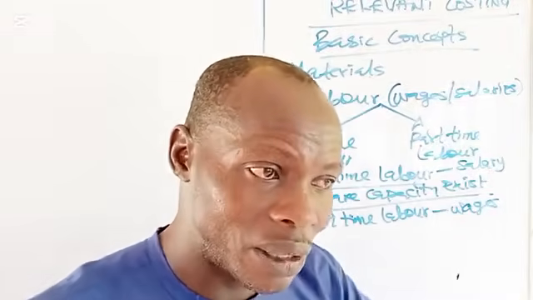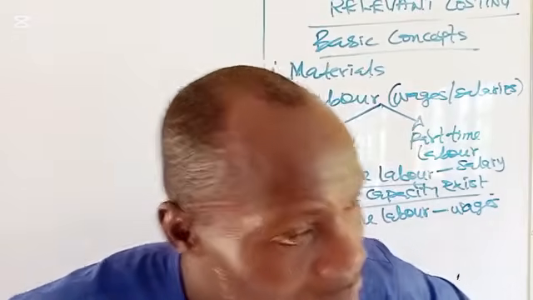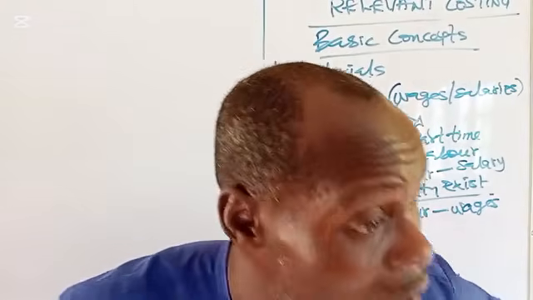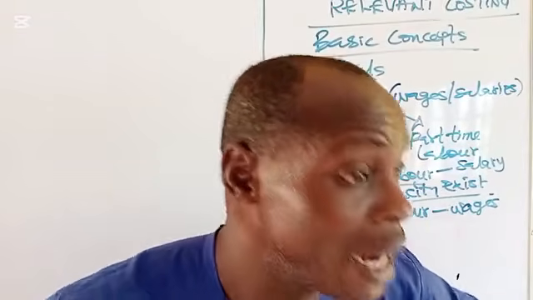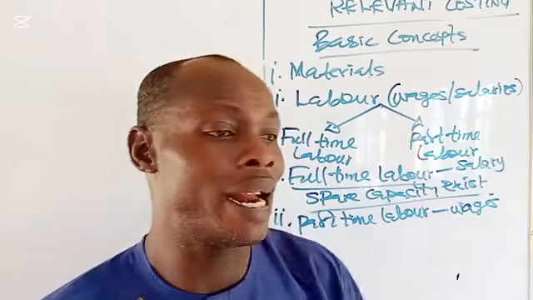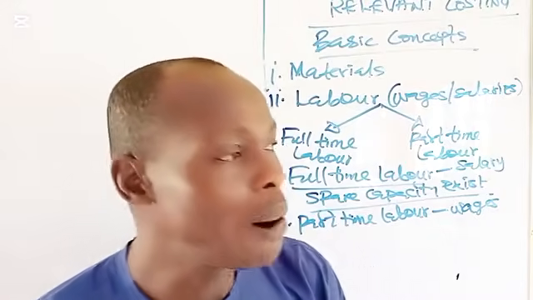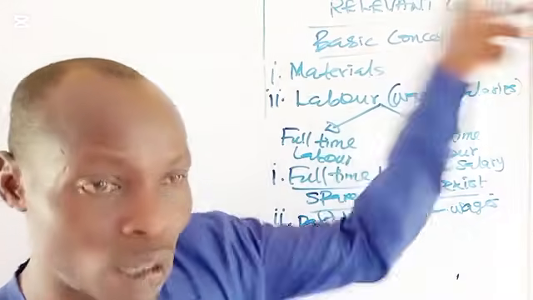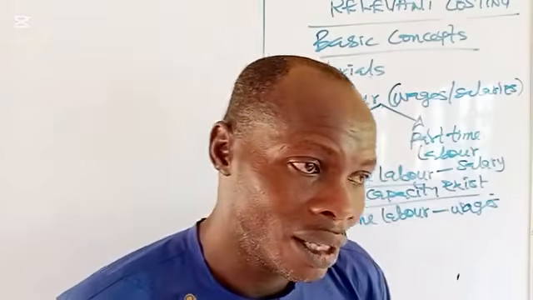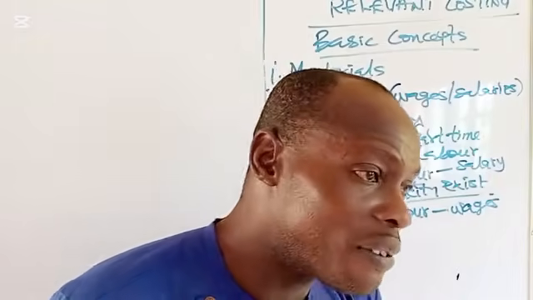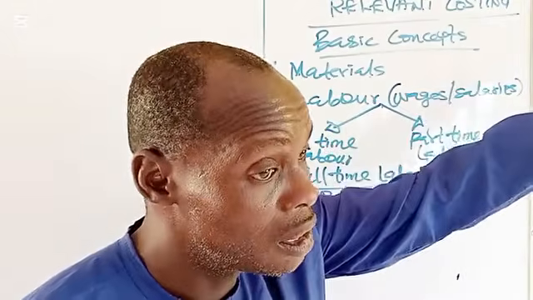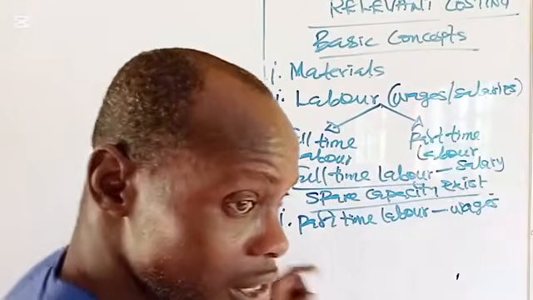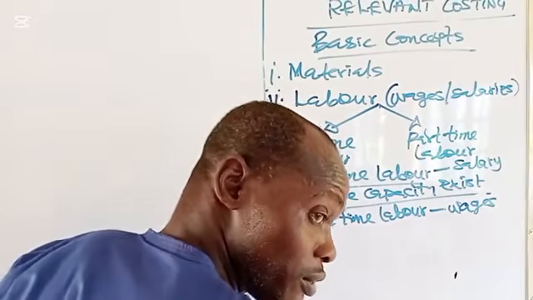If this is your staff, you engage your staff full time, and your staff is currently earning 10,000 naira. But you have another project elsewhere. If you second him to that new project, his job will be waiting for you here.